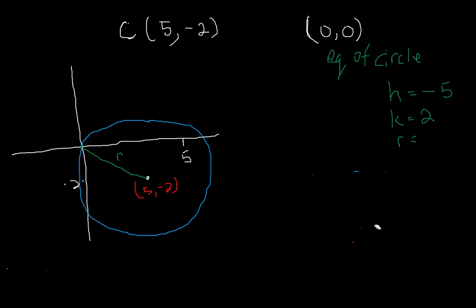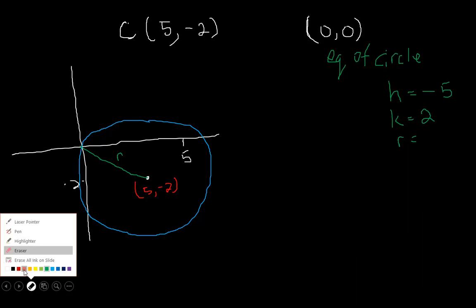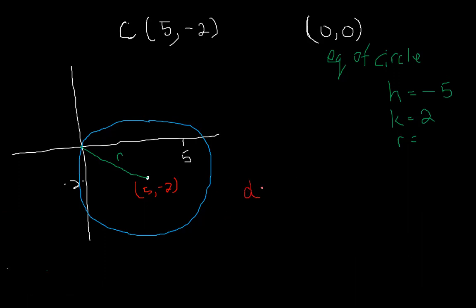Now what we have to do, we need to find R. We don't know what the radius is. But we know a formula, D, which stands for the distance between 2 points, is equal to the square root of (x2 minus x1) squared plus (y2 minus y1) squared.